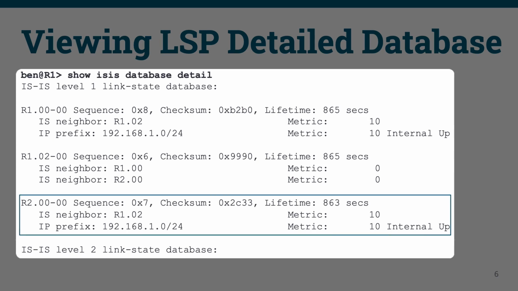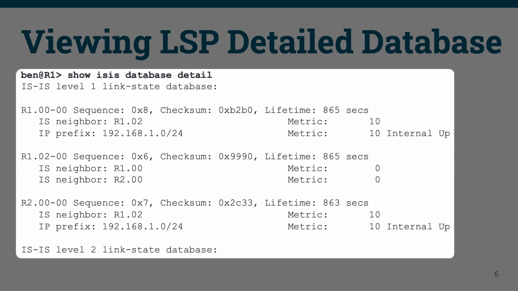The LSP from R2, as we learned in a previous lesson, will describe all of the adjacencies and directly connected prefixes which are participating in ISIS. We see that the LSP originating from R2 lists R1 as an adjacent router, specifically the circuit ID 2, as well as the 192.168.1.0/24 prefix, which is the network over ge-0/0/0.0 that the routers are connected.